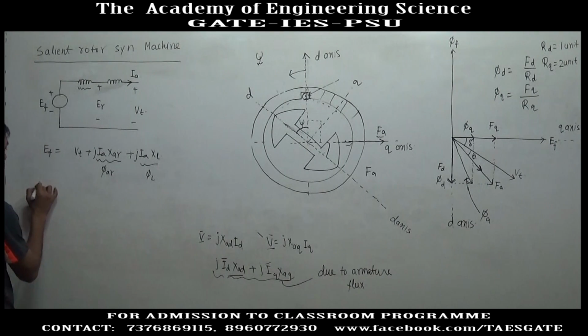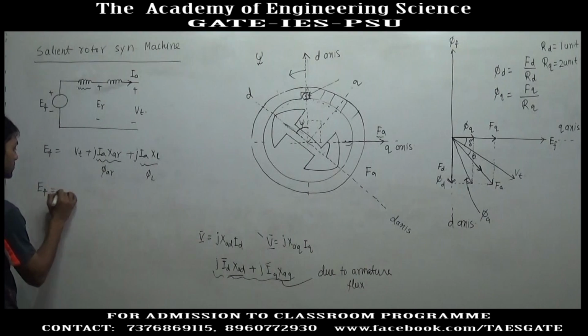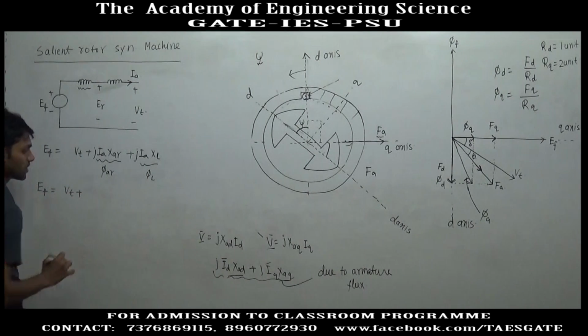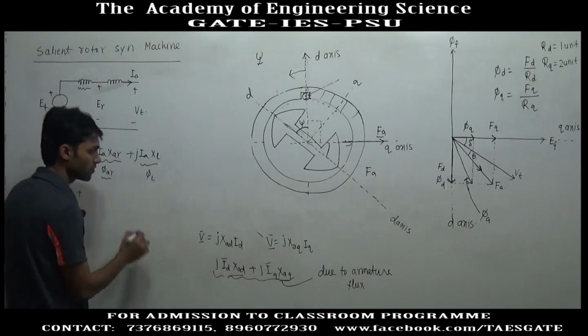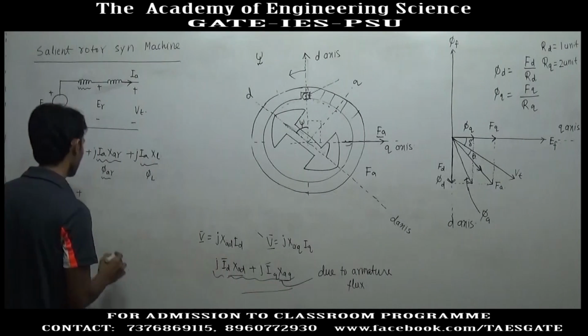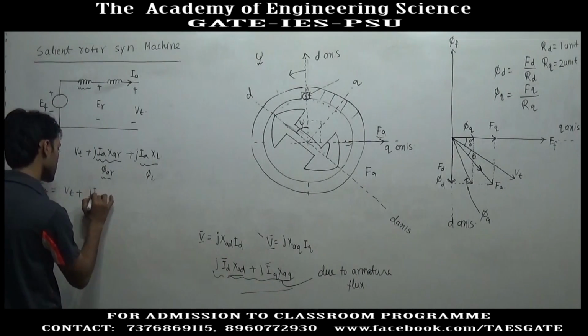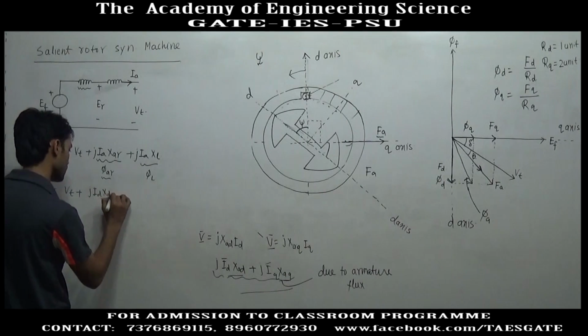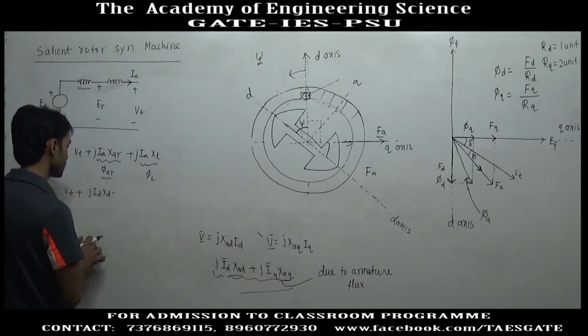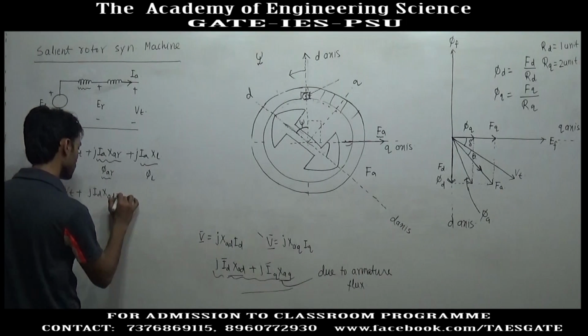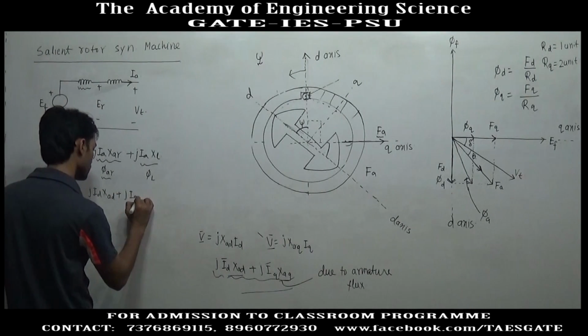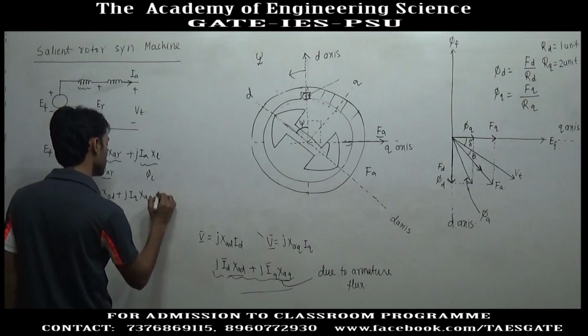In case of a salient machine, we will write EF is equal to Vt plus, if we want to take the total effect of armature reaction, we will have to take these two terms: jID XAD plus jIQ XAQ.